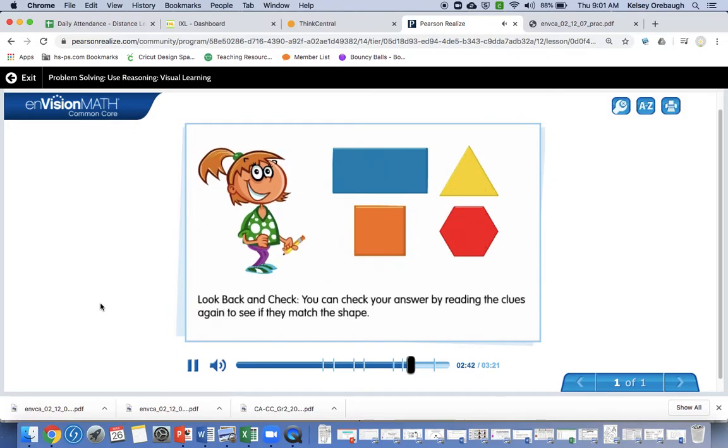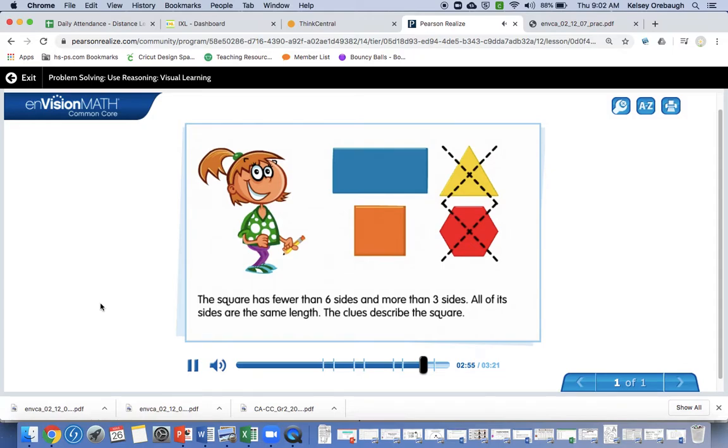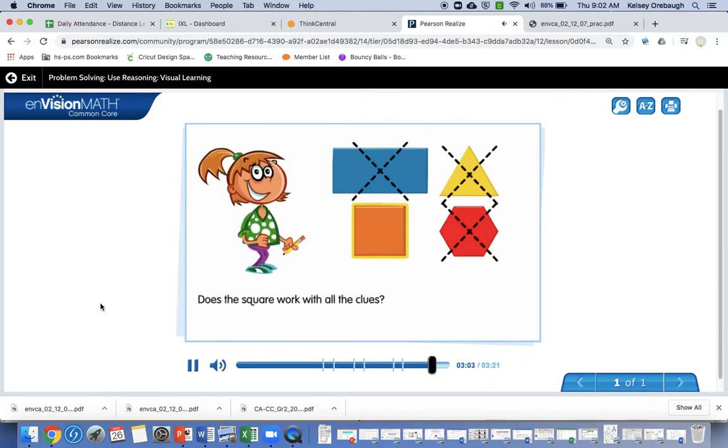Look back and check. You can check your answers by reading the clues again to see if they match the shape. The square has fewer than 6 sides and more than 3 sides. All of its sides are the same length. The clues describe the square. Does the square work with all the clues?